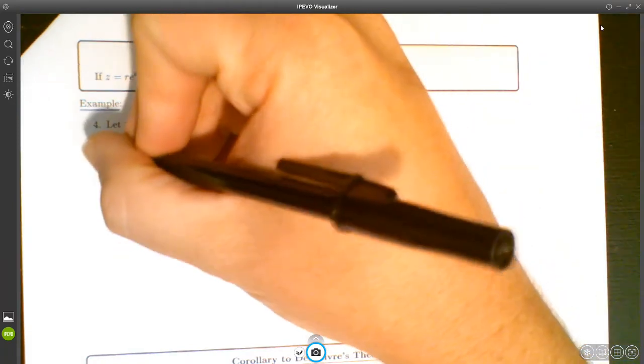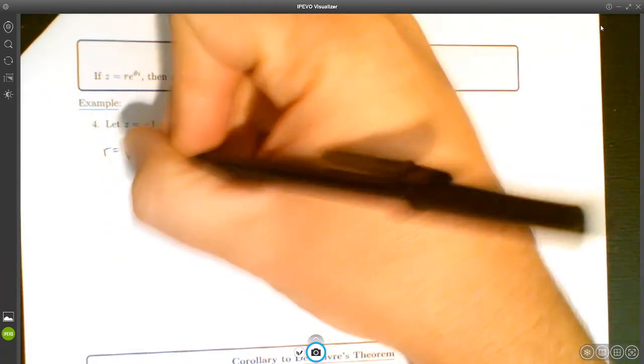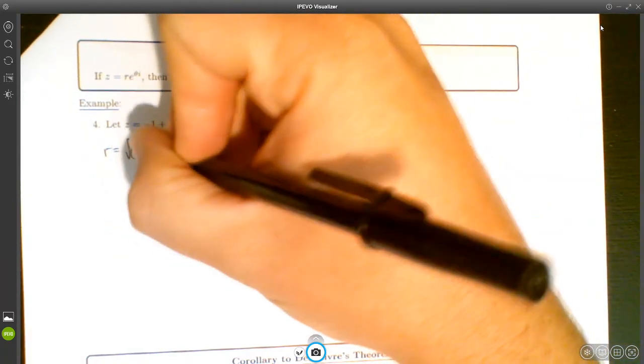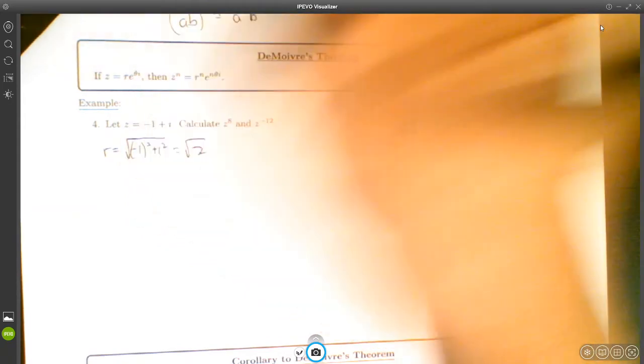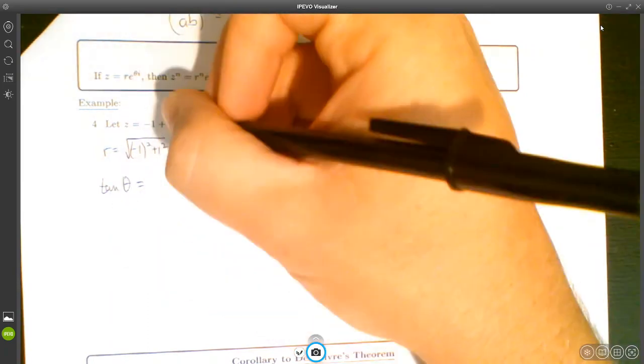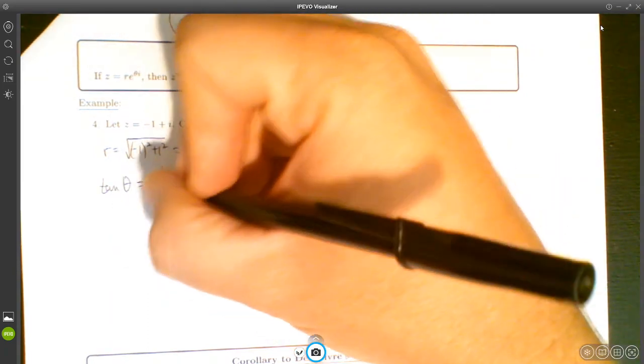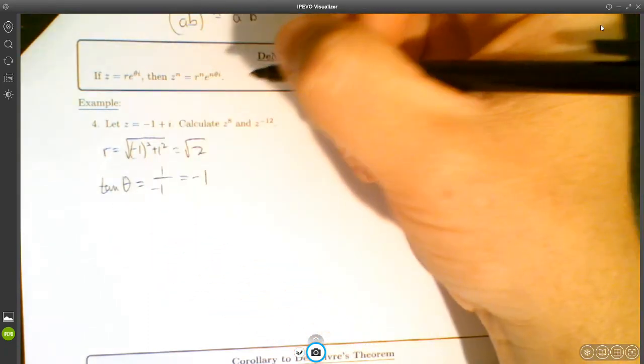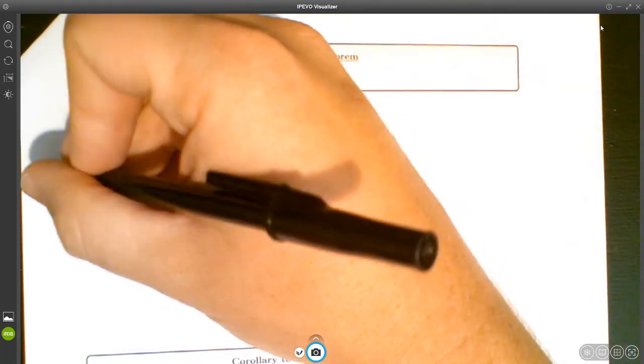So first of all, r is going to be square root of -1 squared plus 1 squared. In other words, it's going to be root 2. And tangent theta is going to be 1 over -1, so -1, right? Which quadrant are we in? We're in -1 plus i. We're in quadrant 2. So there's theta in quadrant 2.